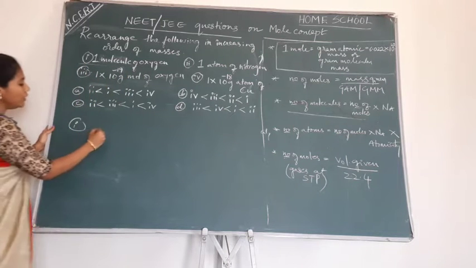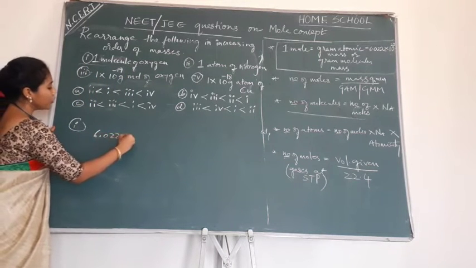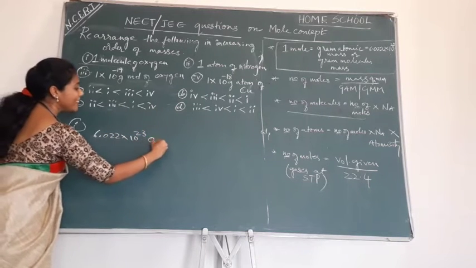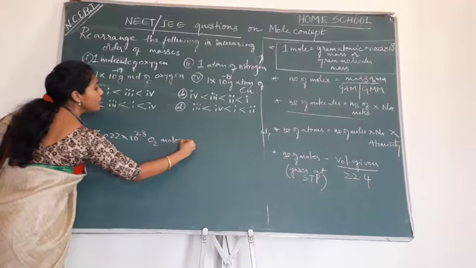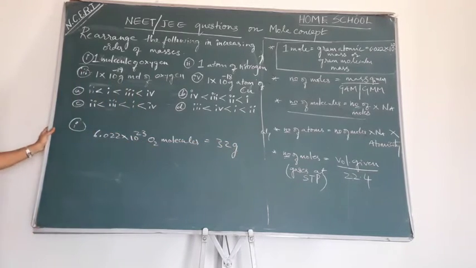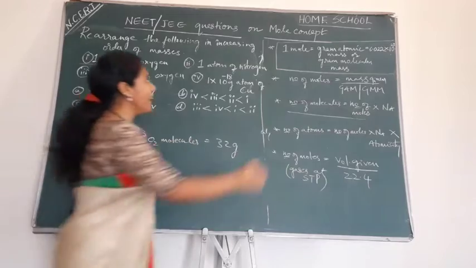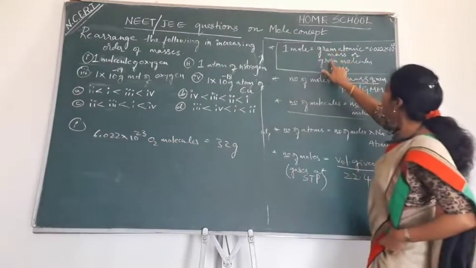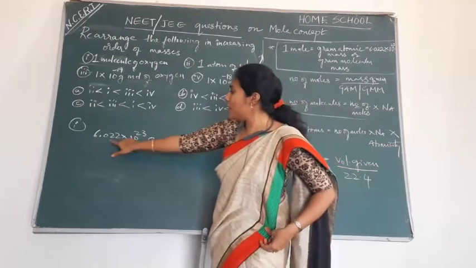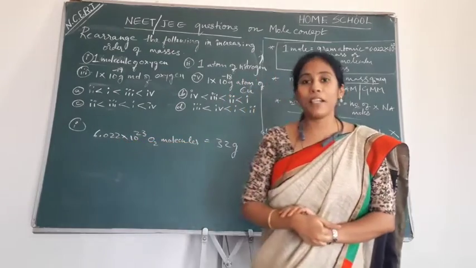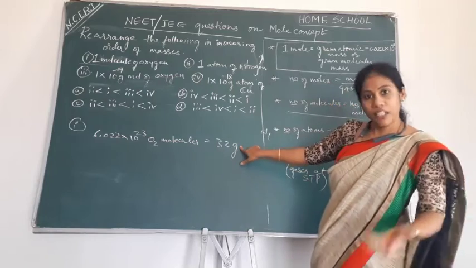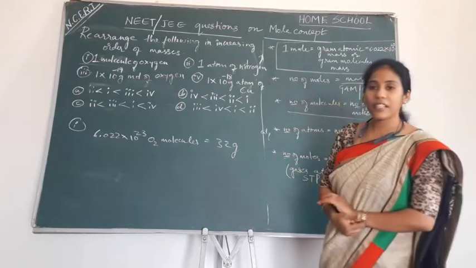We all know 6.022 into 10 to the power of 23 oxygen molecules have a mass of 32 grams. Yes or no? Yes. So 1 mole is always equal to gram molecular mass. So 1 mole is how much? 6.022 into 10 to the power of 23 oxygen molecules, which has a mass equal to its molecular mass only, that is 32 grams.